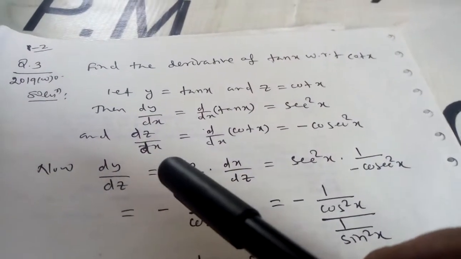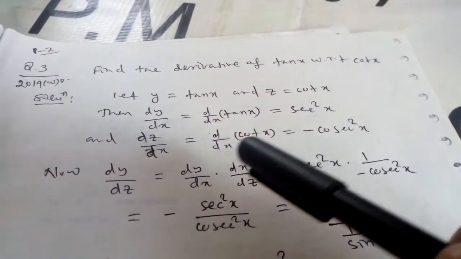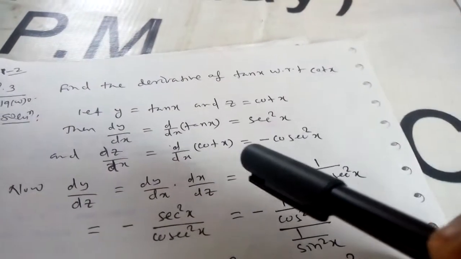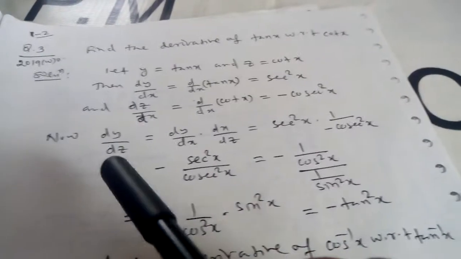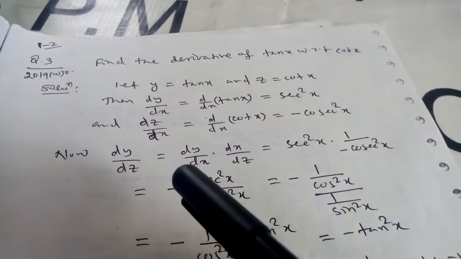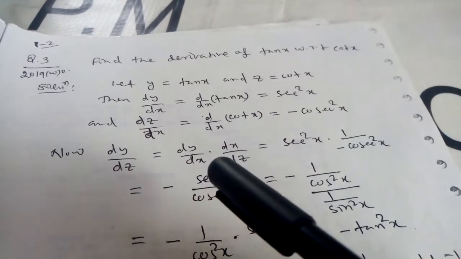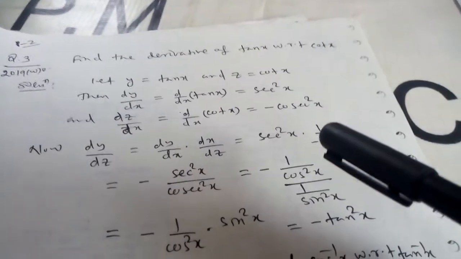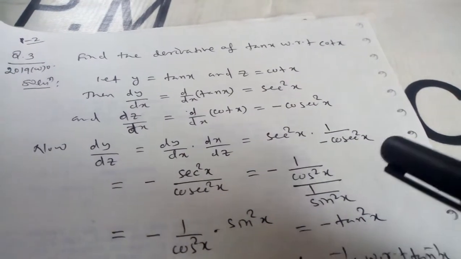And dz by dx is equal to derivative of cot x with respect to x, which is equal to minus cosec square x. Now dy by dz is equal to dy by dx into dx by dz is equal to sec square x into 1 by minus cosec square x.